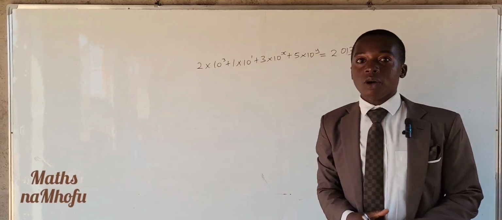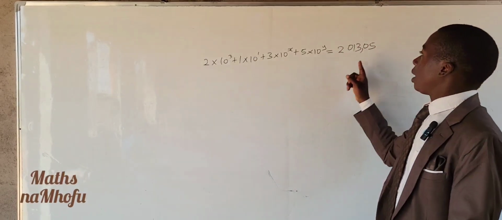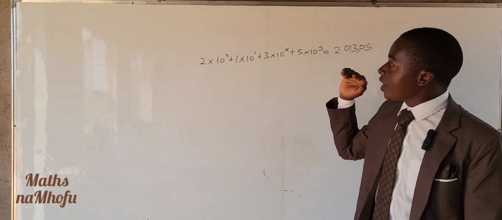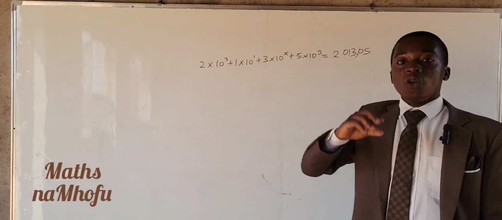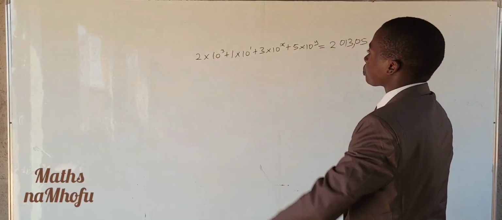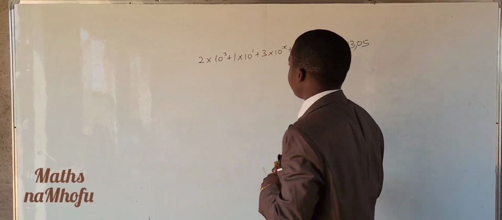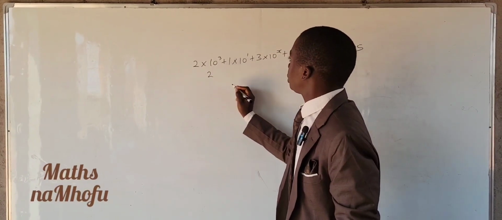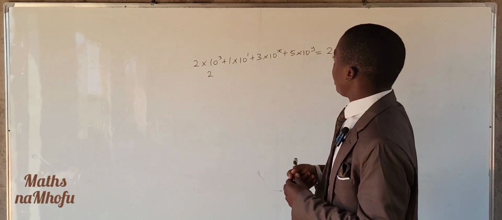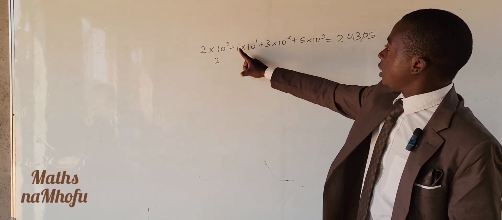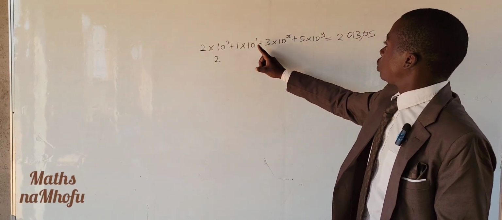But there's something I want you to take note of. We have a comma. Remember, if we have a comma and they were in base 10, a comma is to the power negative. Now, let's try to write it. 2, then we don't have the 1 that is multiplied by 10 to the power 2.